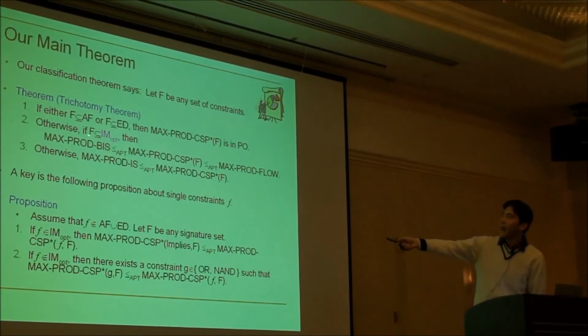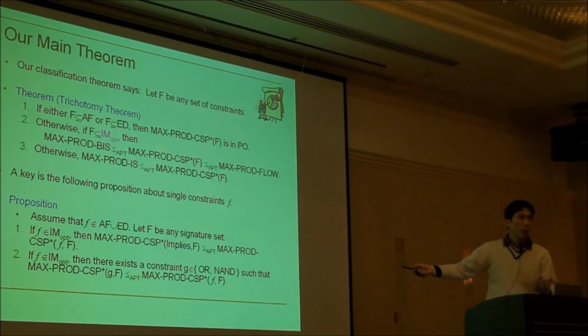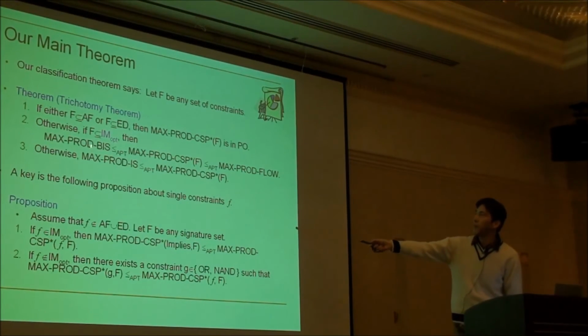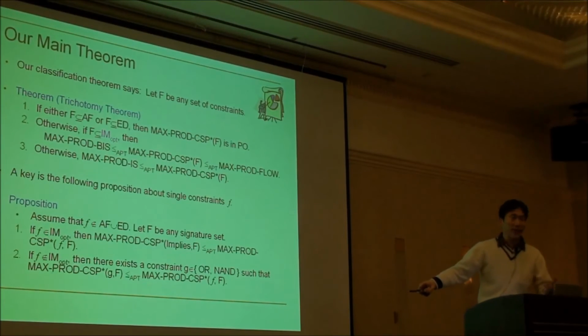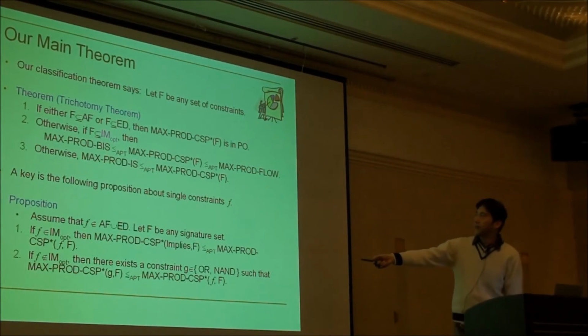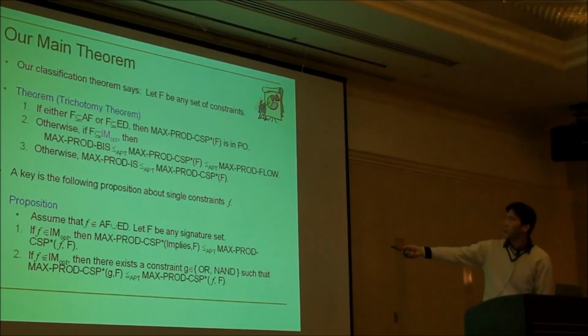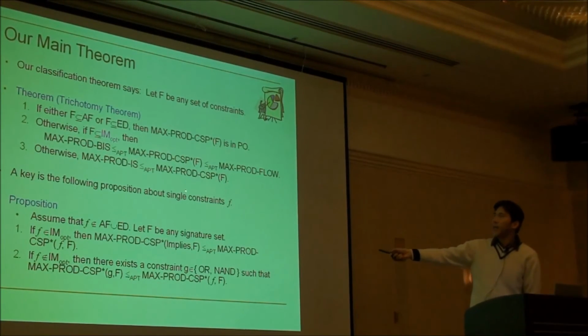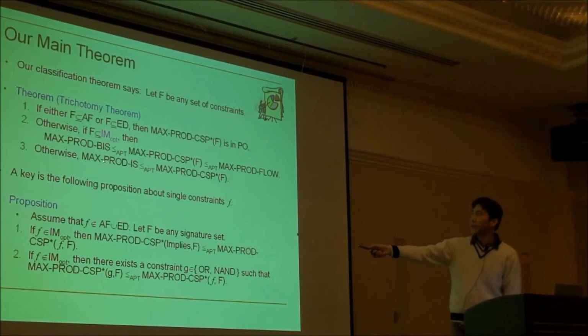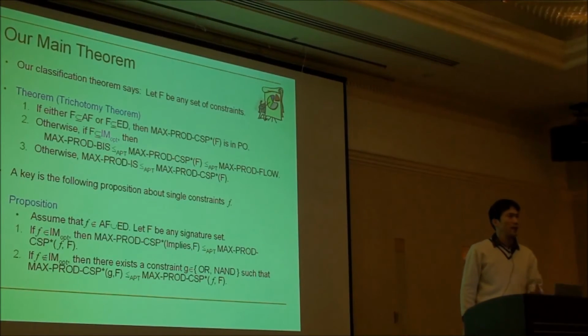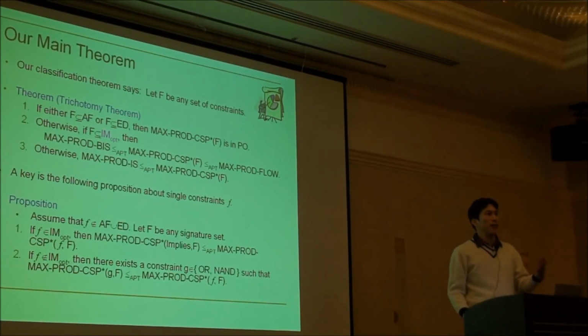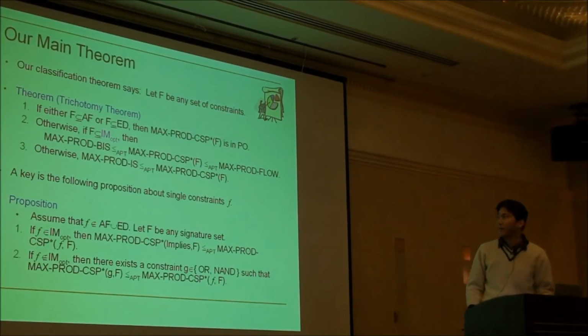Otherwise, if F is a subset of IM opt, then this problem is located between the max-prod BIS, the bipartite independent set, and the max-prod IS. And otherwise, the max-prod CSP is at least as hard as the max-prod IS. These are the three categories, and this can be proven by several claims, lemmas and propositions.